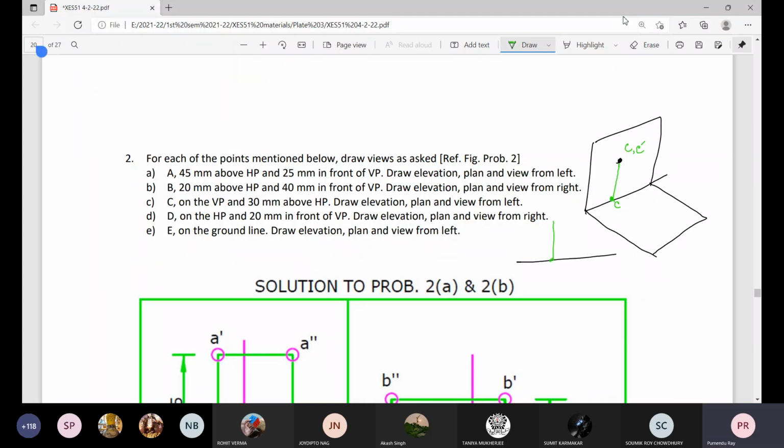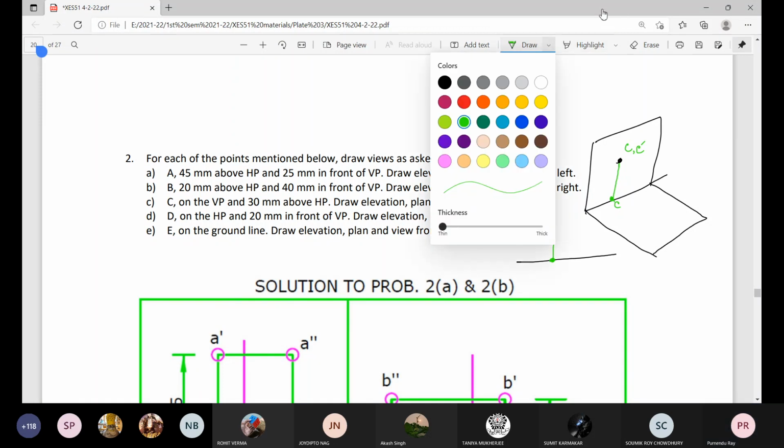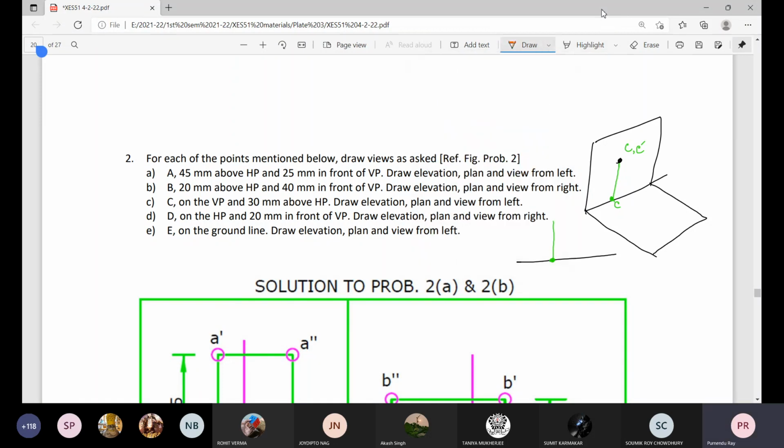Now this foot of this perpendicular, this is plan of the point C, and this is elevation of the point C. So when a point is there on the vertical plane, its plan will be on the ground line or XY line.